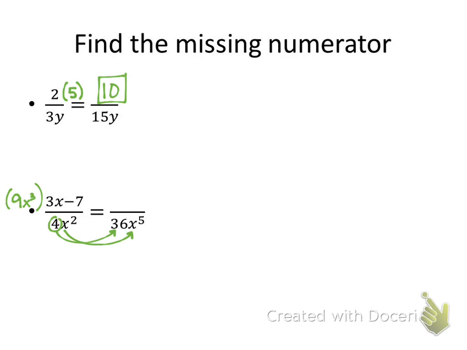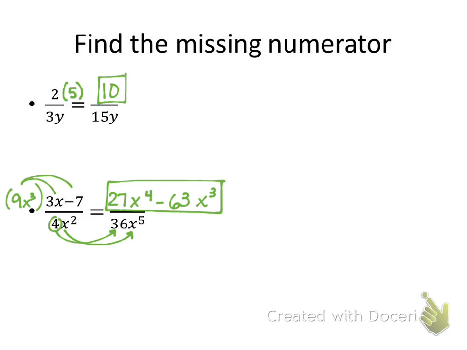So what I'm going to do with this to find my missing numerator is distribute this 9x to the 3rd to both terms. So I have 27x to the 4th minus 63x to the 3rd. And this is my missing numerator.